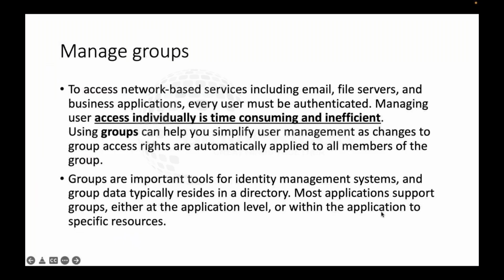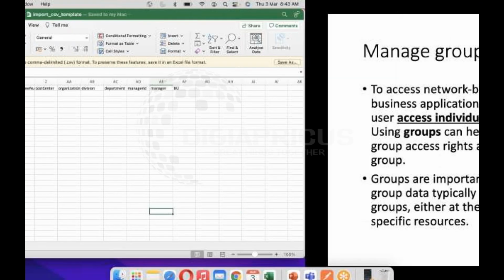Talking about groups, we did cover something on groups yesterday, so I would like to reiterate why we create groups here in Okta. The concept of creating groups is to simplify the process and increase efficiency.